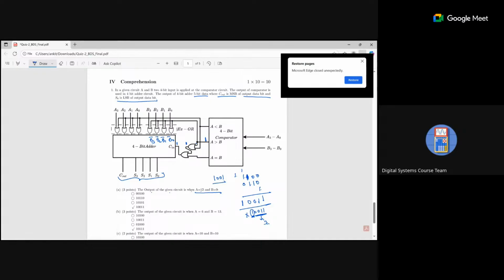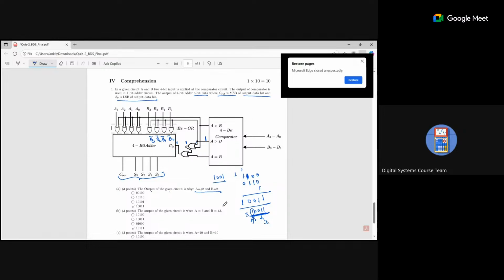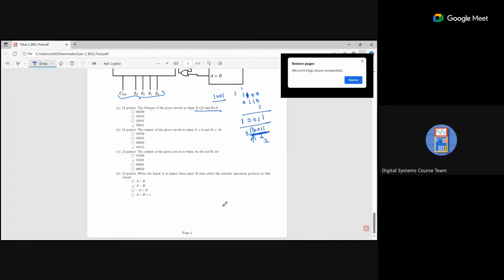If we neglect the carry, the output is 3. But in the question it is mentioned that we have a 5-bit output data, so if we consider that, it is 10011. If it is 4-bit data, it is 3.